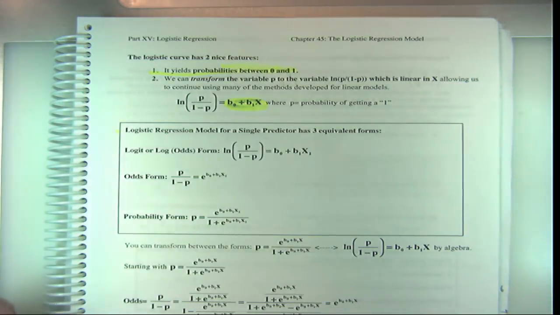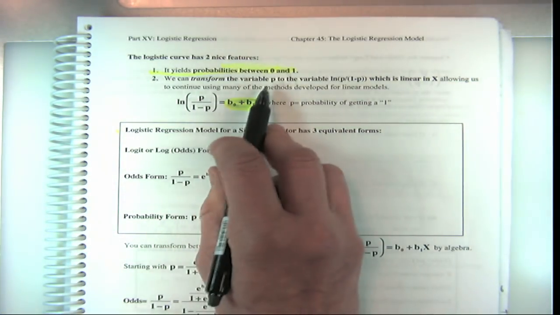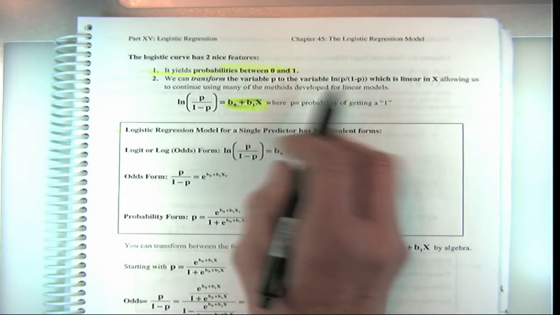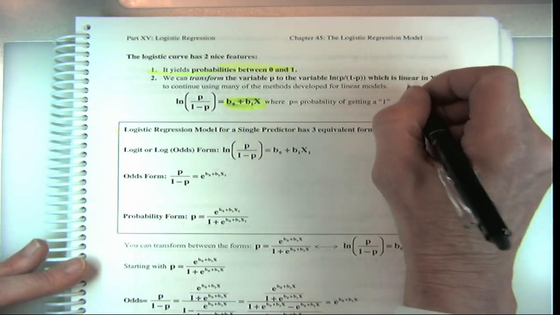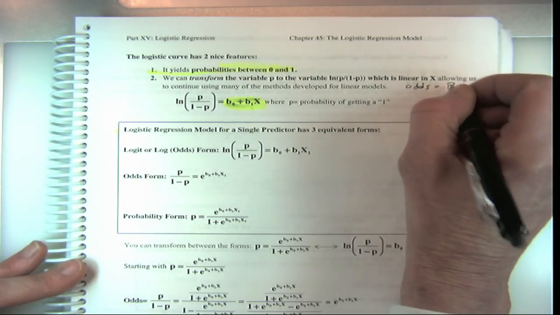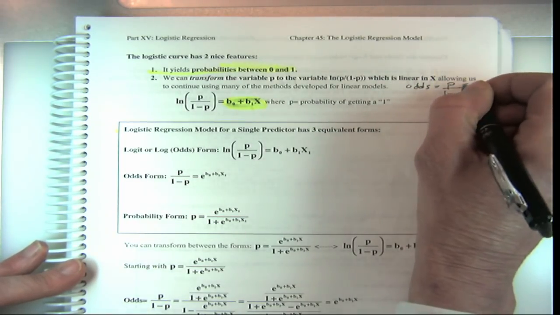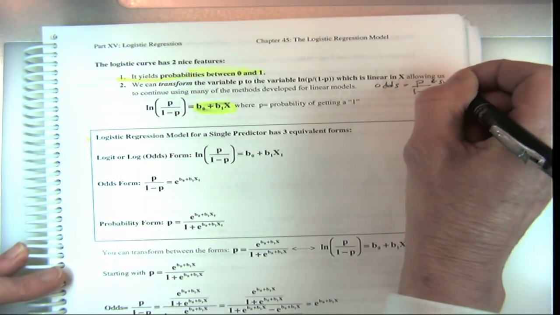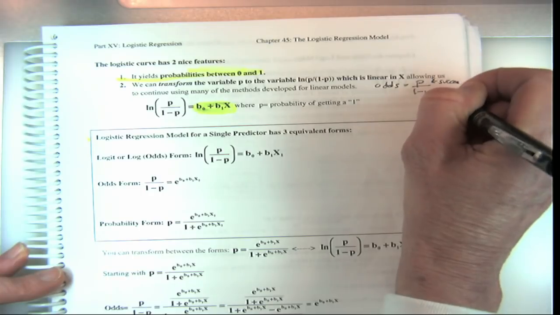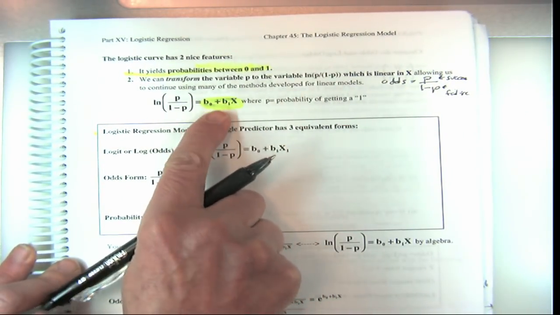If you have this probability function, we can transform the probability into an odds. So the odds is equal to p over 1 minus p, success over failure. And then if you took the log of the odds, you get the exponent.